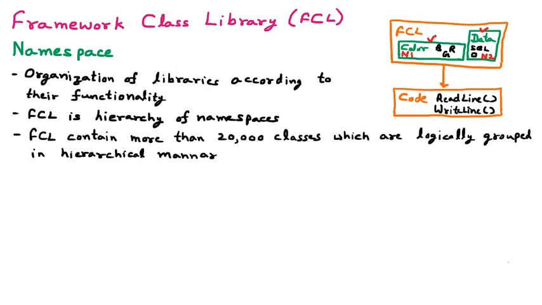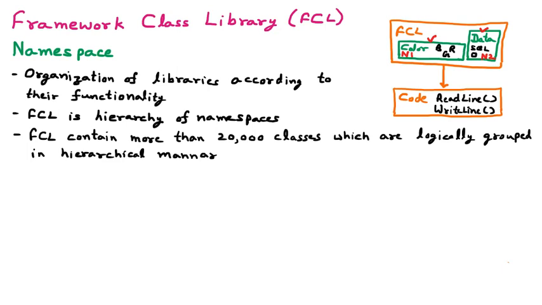Let's say 5,000 classes are for database connectivity; these are combined and given the name data, so this is the data namespace. Multiple classes are logically grouped together, these are the namespaces, and all these namespaces combined together are called the Framework Class Library, or the library.